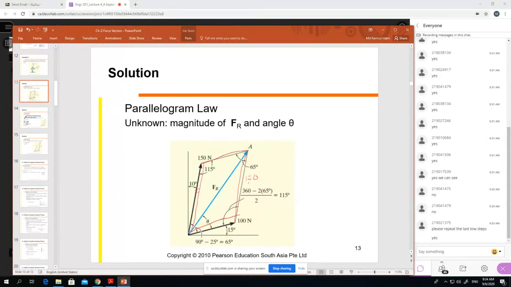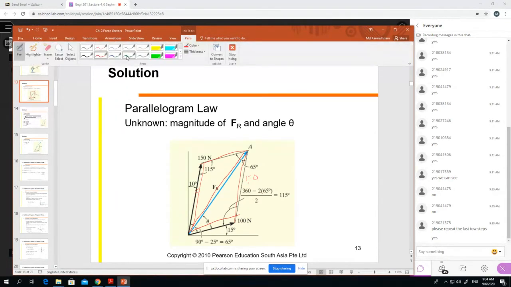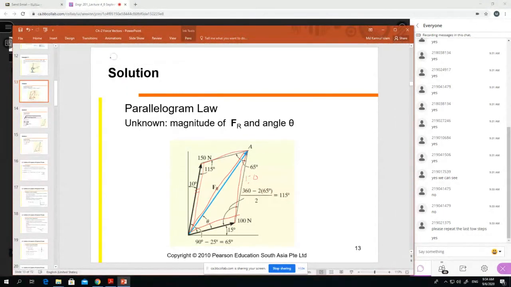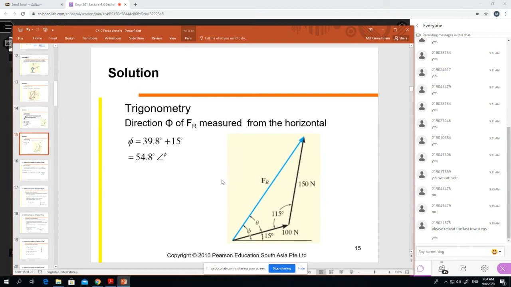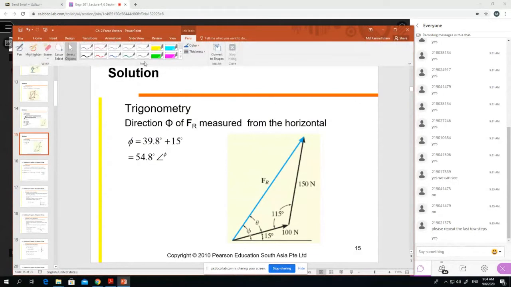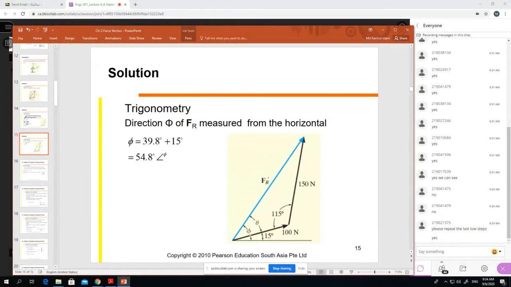Then we take only one part of it, only this triangle. In this triangle, as per the formula, this is the resultant force and this is the angle we need to find.